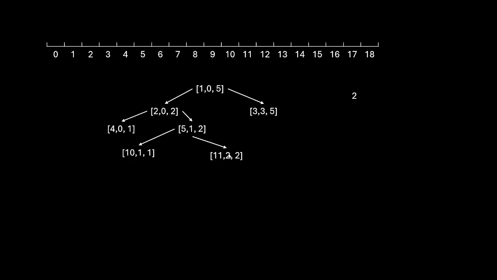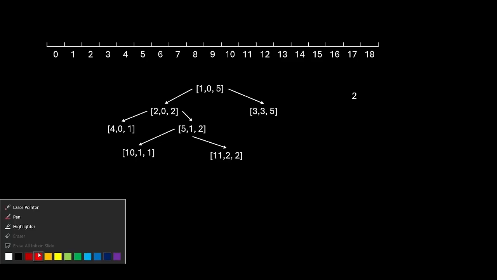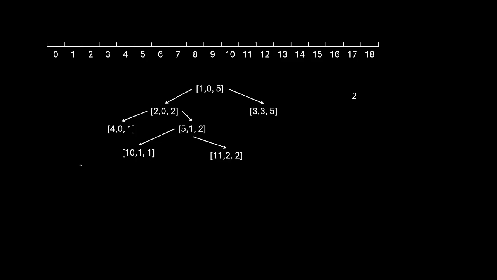Now what will happen here? Once I find this, I know that at index 11, I have one common element. So I'm going to take my pen and write 1 here. Initially, let's say this entire array is initialized by 0, and I'm going to increment it by 1.